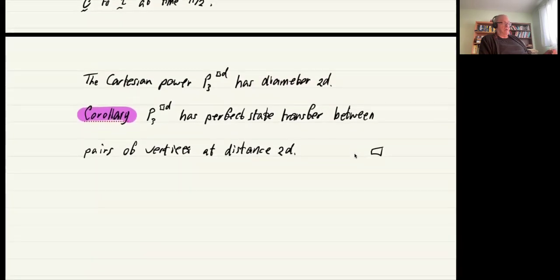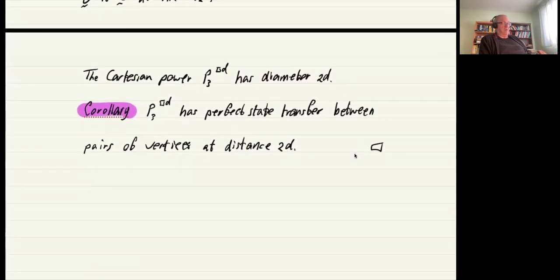Similarly, the Cartesian power of the path on 3 vertices has diameter 2D. That's in one of the assignments as an exercise. It's not very difficult, but it's a useful result. And so it then follows that the Cartesian power of the path on 3 vertices has perfect state transfer between pairs of vertices at distance 2D.